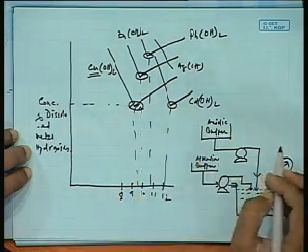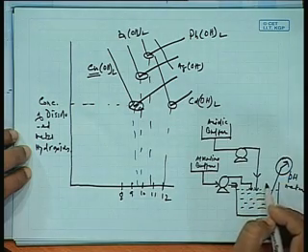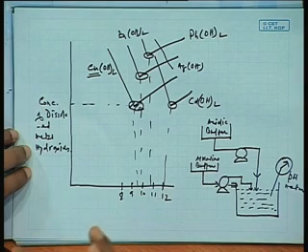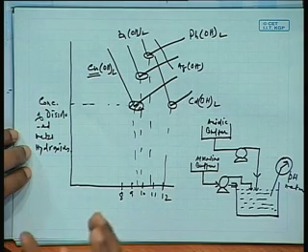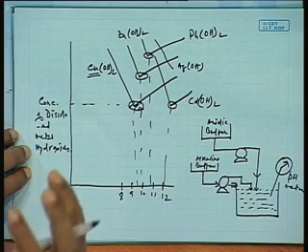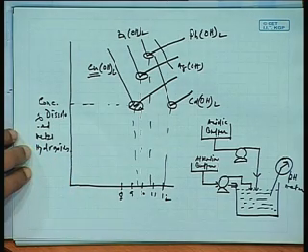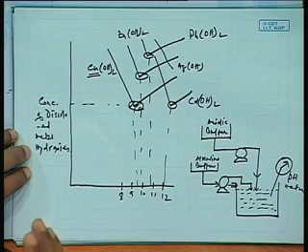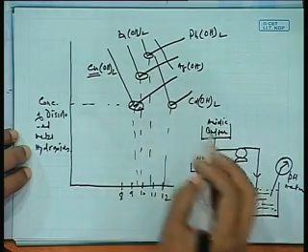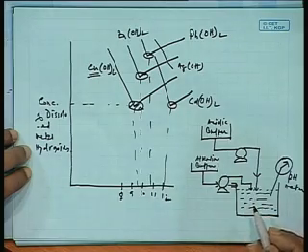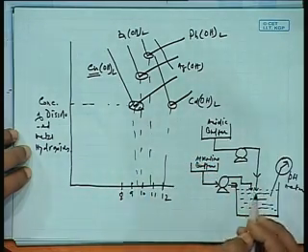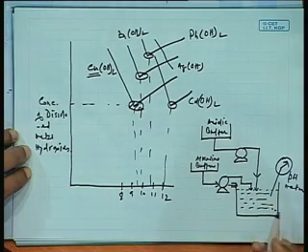Essentially, at standard temperature and pressure, we are trying to see the solubility, particularly the minimum solubility at that pH where the metal would begin to come out of the water and precipitate.